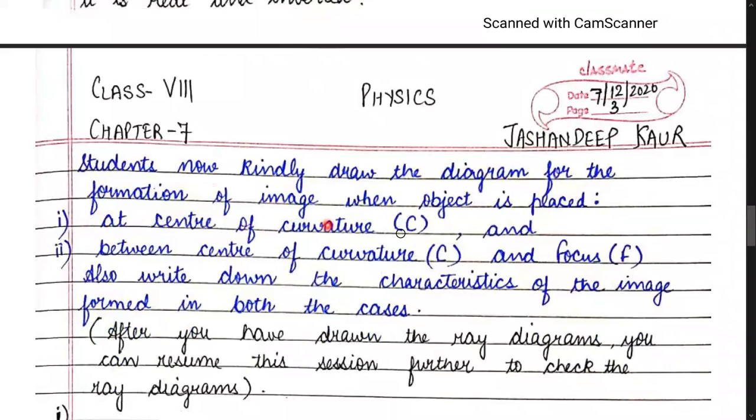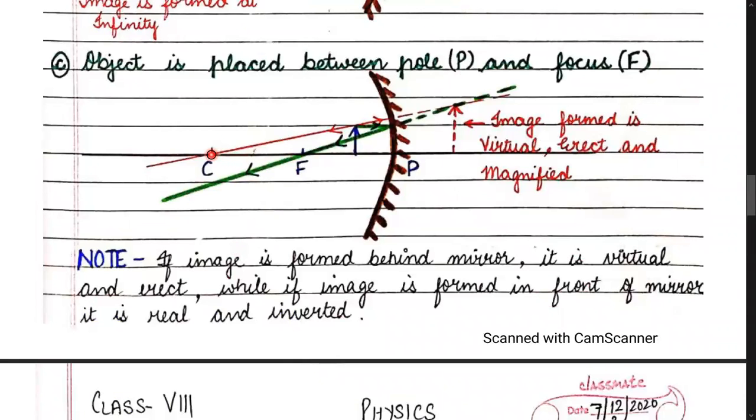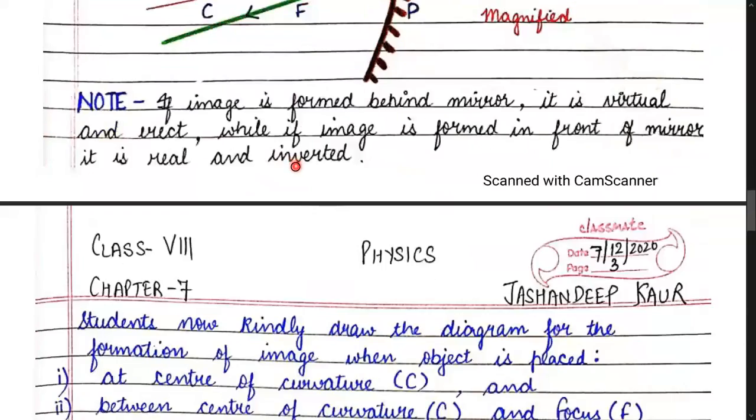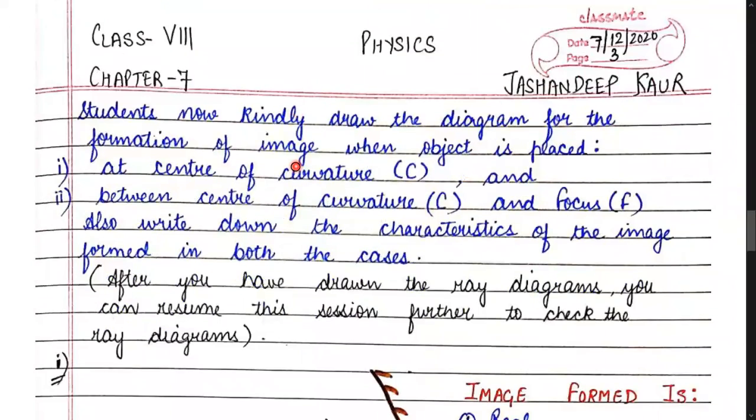One ray diagram for this category, and the second, draw it when the object is placed between center of curvature and focus. That is, the object is placed between C and F. So students, kindly draw the two ray diagrams, and after you have drawn the ray diagrams, you can resume this session further to check your ray diagrams.